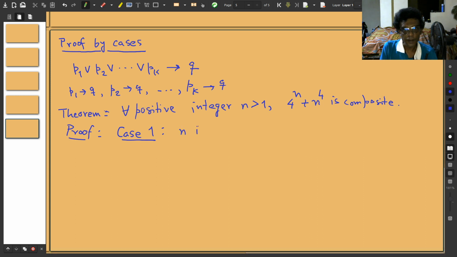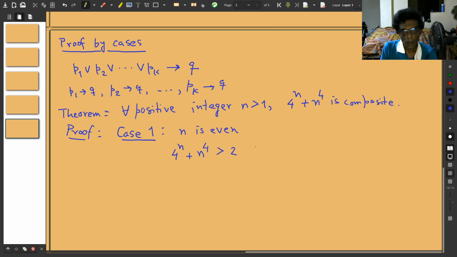n is even. That means it is at least 2, 4, 6, 8, something like that. Since n is greater than or equal to 2, 4 power n plus n power 4 is definitely greater than 2 and is a multiple of 2.